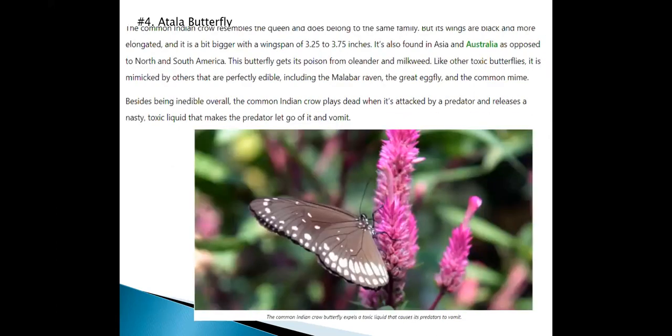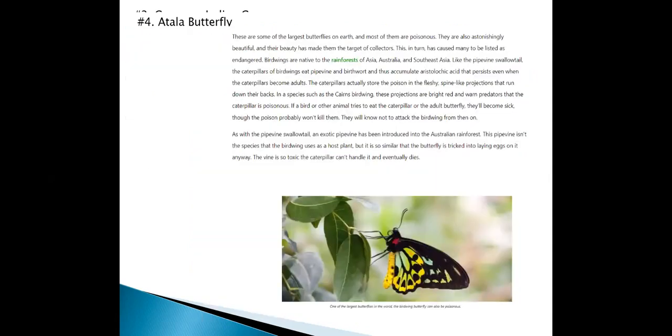And this is the Indian crow butterfly. What they do is they expel a toxic liquid. So when somebody comes nearby and wants to touch this butterfly, they'll give out some toxic liquid. So this also will create issues. And you can see the largest butterfly.